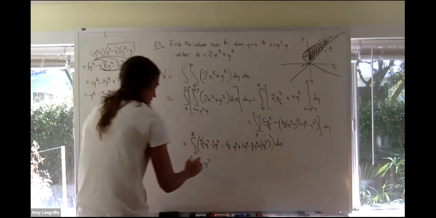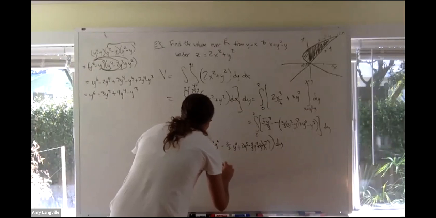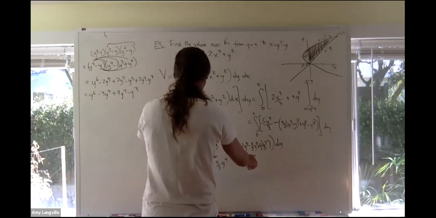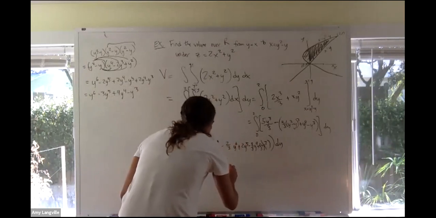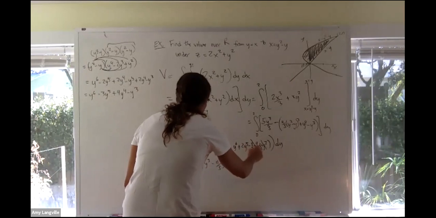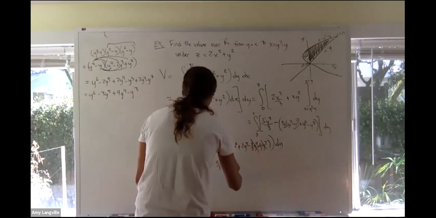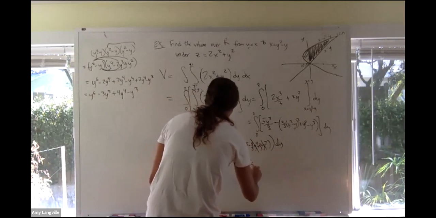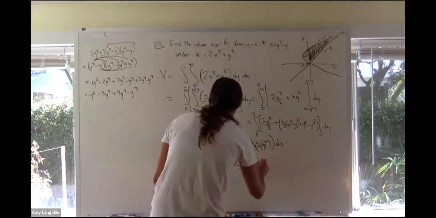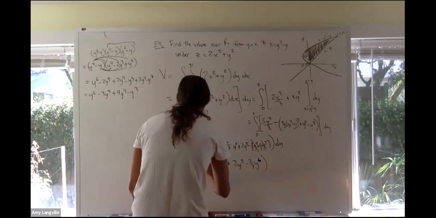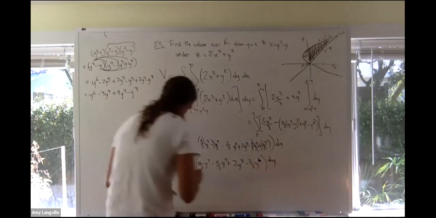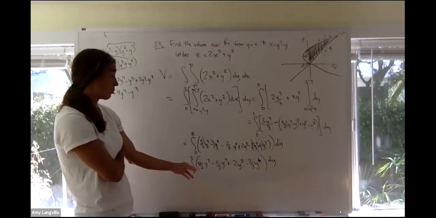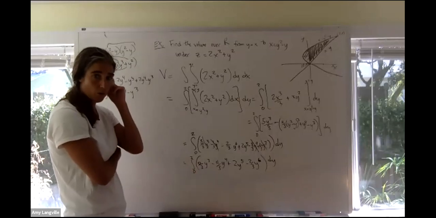So that'd be minus 11/3 y to the fourth, and plus 2y to the fifth, minus 2/3 y to the sixth dy. Okay, so lots of algebra and arithmetic, and then we're finally ready to do some power rules and evaluate from 2 to 0.